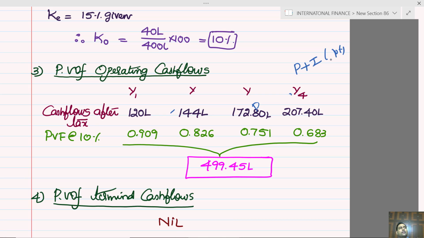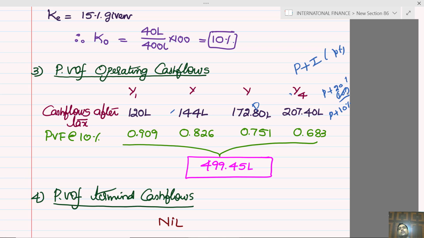In the first year, you have a 20% return, but you are discounting only 10%. You need only 10%. In the second year, P plus 20% is there, but you are deducting only 10%. That means from P plus 20, you are deducting the minimum return expected by you. So you are left with P plus 10%. Your principal will be recovered.